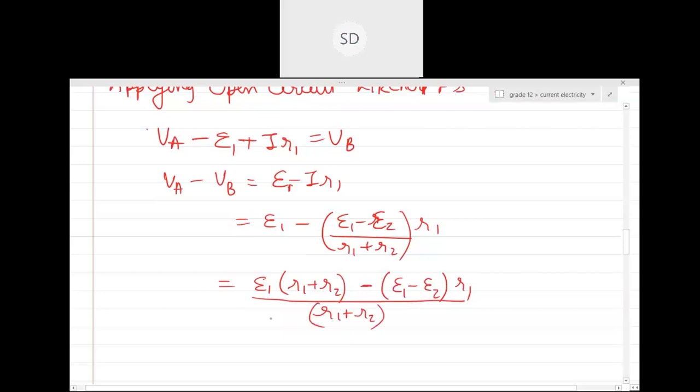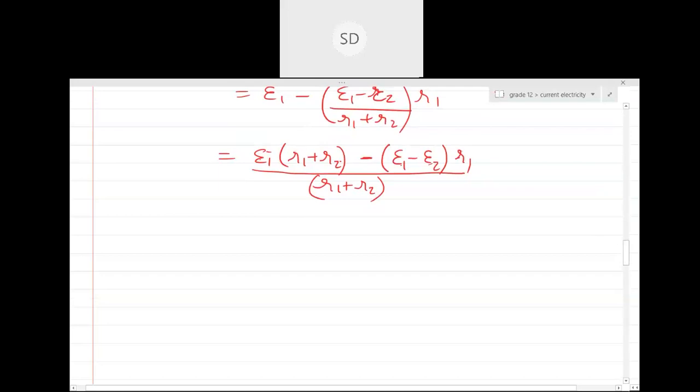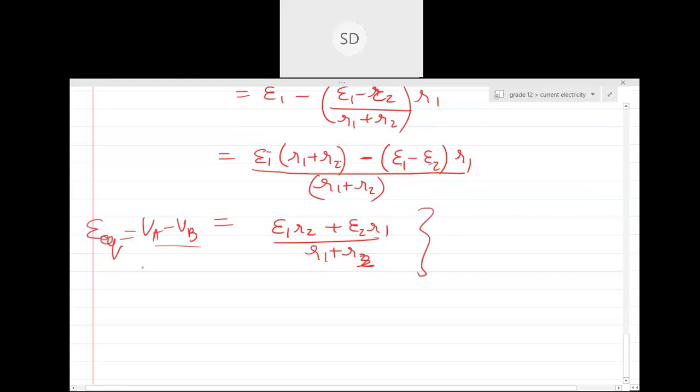This will be E1R1 plus E1R2 minus E1R1 plus E2R1. Yes or no? E1R1 and E1R1 get cancelled out with each other. So what remains is E1R2 plus E2R1 upon R1 plus R2. This is your VA minus VB, and I told you this VA minus VB will be your E equivalent. So E equivalent equals E1R2 plus E2R1 upon R1 plus R2.